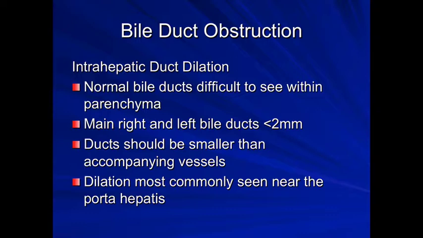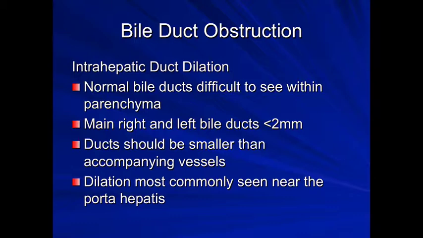The way we then decide whether they're obstructed is we can look at the size, and the main right and left bile duct should be less than 2 millimeters, and the duct should always be smaller than the accompanying vessels. And so when you do get dilation, this is often described as the double barrel sign, because instead of one wide tubular structure being the vessel and a very narrow accompanying bile duct, you'll have two that are about the same size.